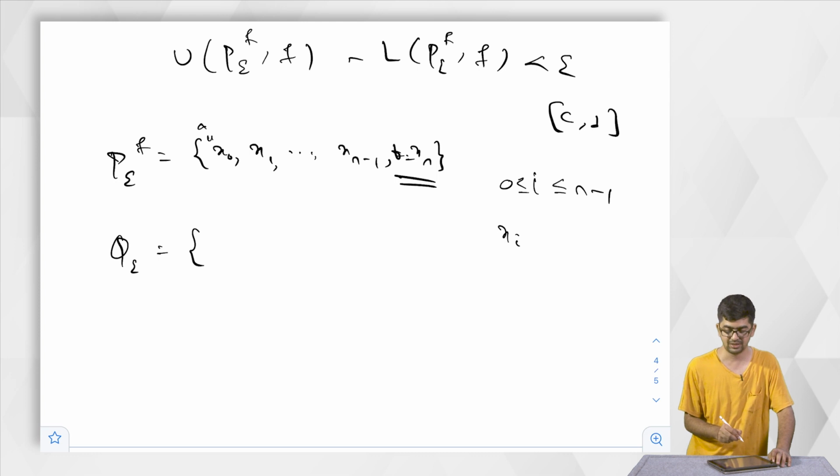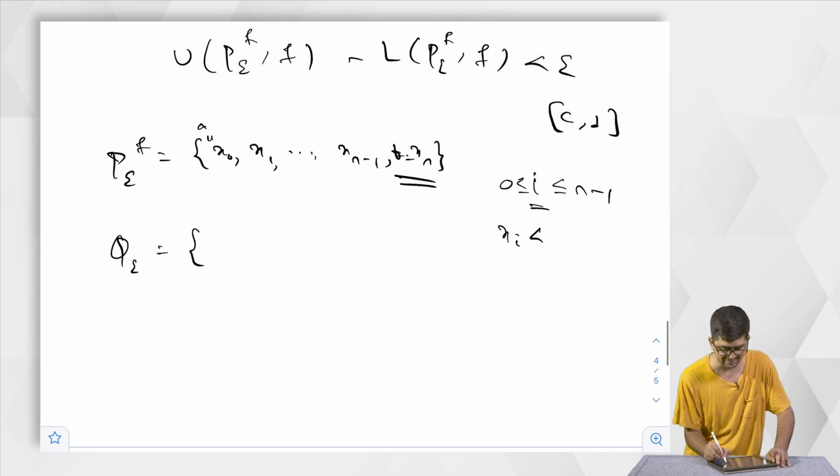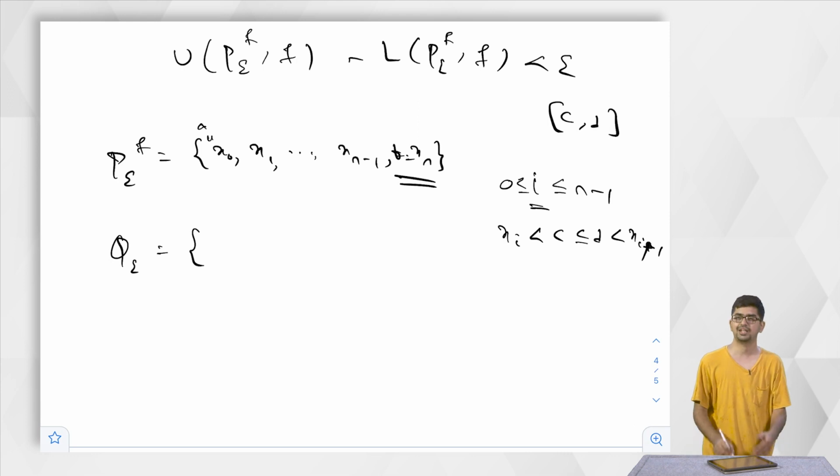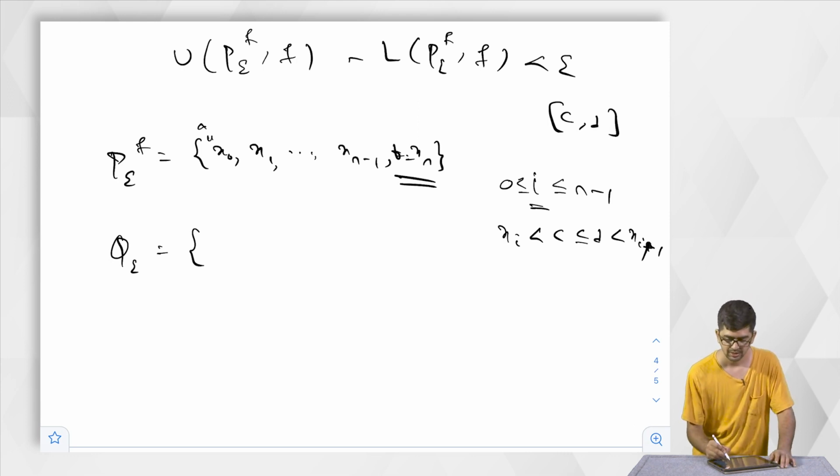So we are looking for some i such that xi is less than c, of course less than d, less than xi plus 1. This is what we are looking for, the appropriate i. Then we will add c comma d in between this.